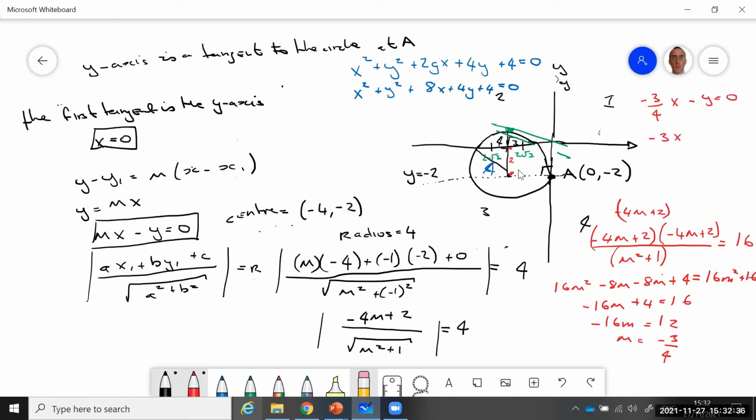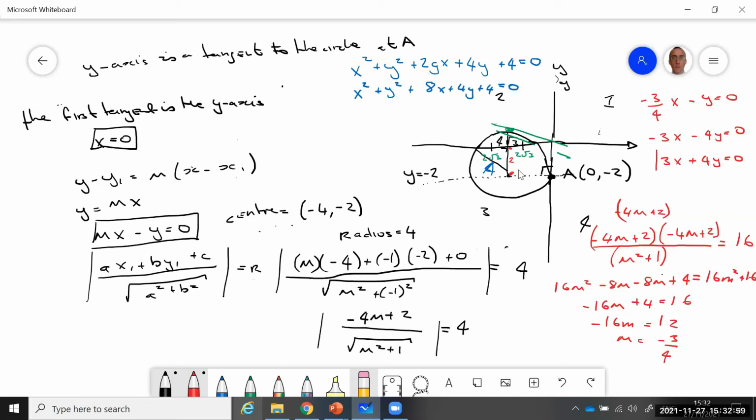No one likes fractions in these equations, so it's negative 3x minus 4y equals 0. And we normally don't like the coefficient of the x term to be negative, so we multiply across by minus 1.